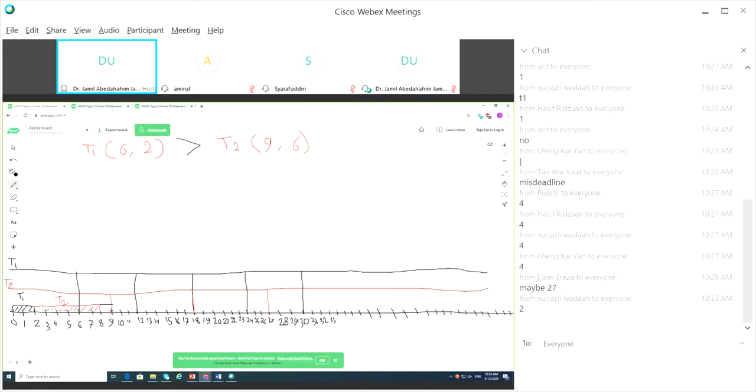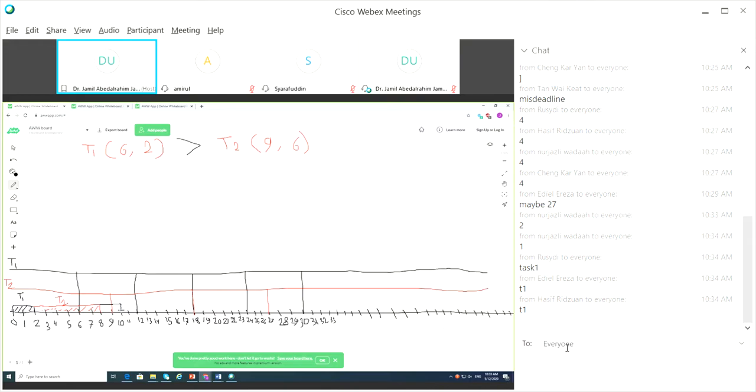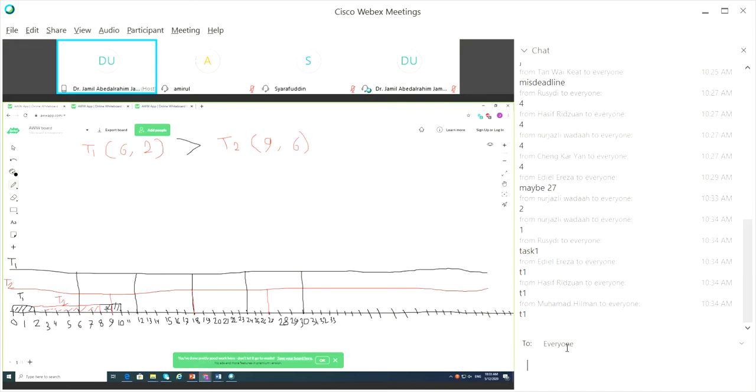Here at 9, we check the closer deadline. Which one is closer, task 1 or task 2? Task 1. So we continue to execute task 1. If task 2 were closer, we would preempt task 1 and execute task 2. Okay, task 1.